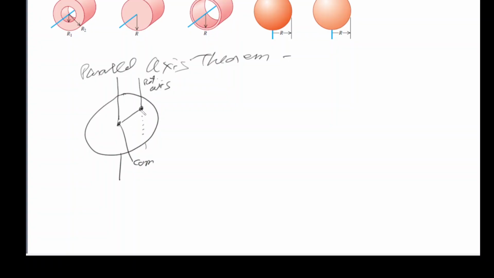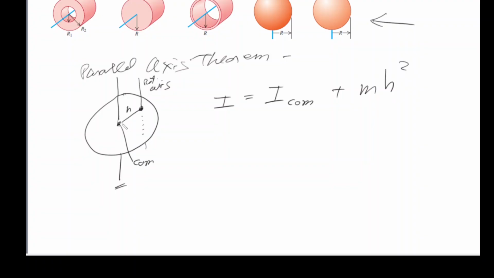So if h is the perpendicular distance between the given axis of rotation and an axis through the center of mass, which is this one, then you can find inertia I by looking at its inertia through the center of mass, which is very often given by these types of diagrams, plus its mass times the distance between the two axes.